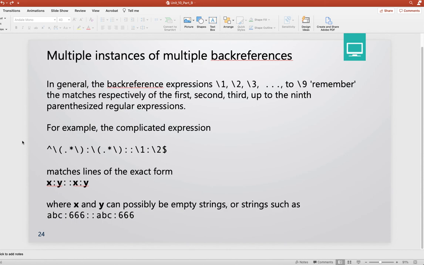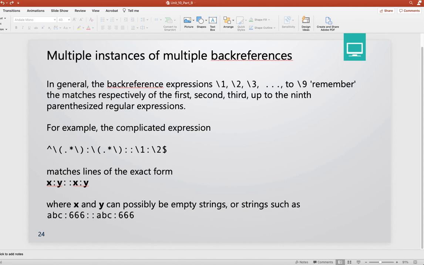In general, the back reference expressions from number 1 to number 9 remember the matches of the first, second, up to the ninth parenthesized regular expression respectively.